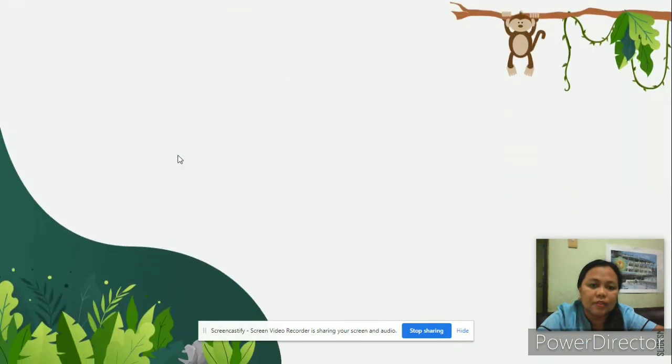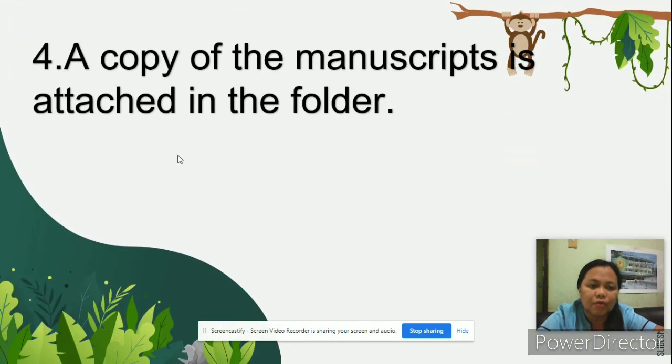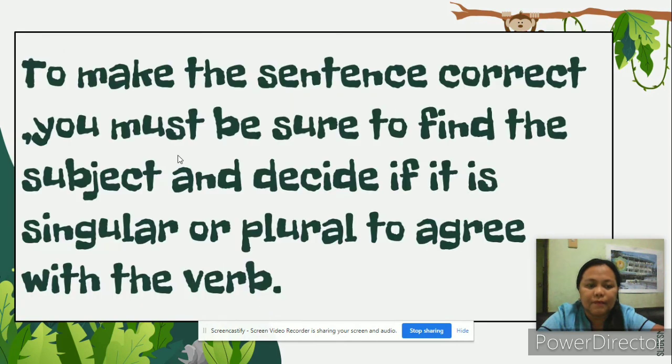Okay, so next, number 4, a copy of the manuscripts is attached in the folder. So where's the subject? The subject there is manuscripts, and the verb is is. So it is in natural order. Okay.